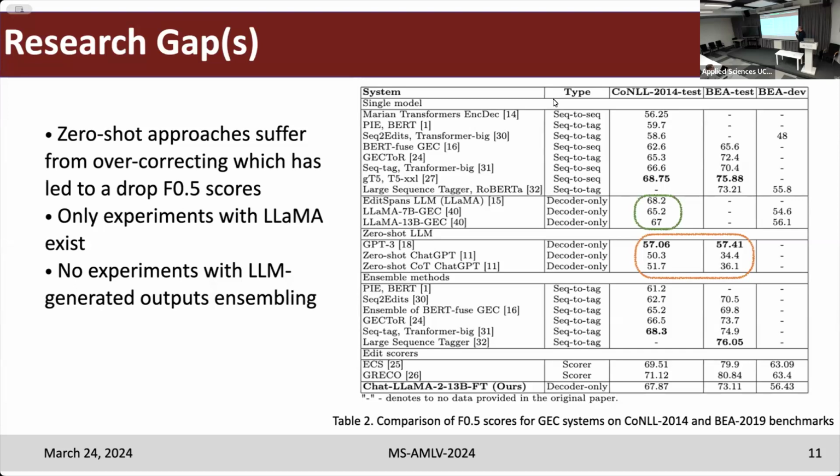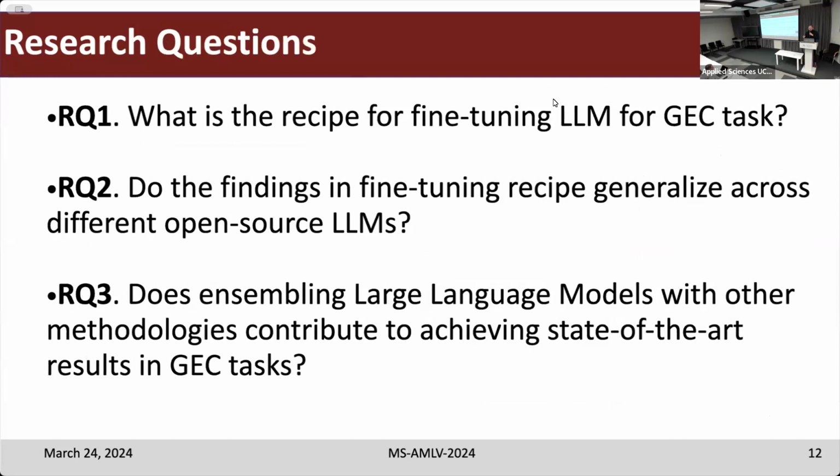And the last but not least is that there is no work that uses large language models to ensemble their outputs. As we see on this graph, the best results are achieved by the ensembles. So that's the three things that we found in the literature.